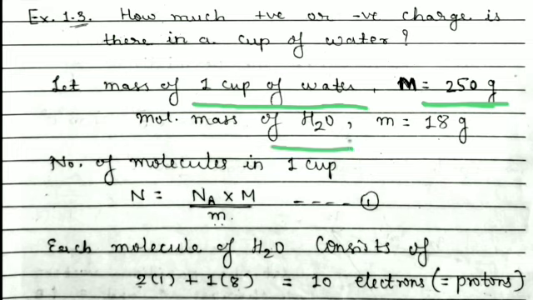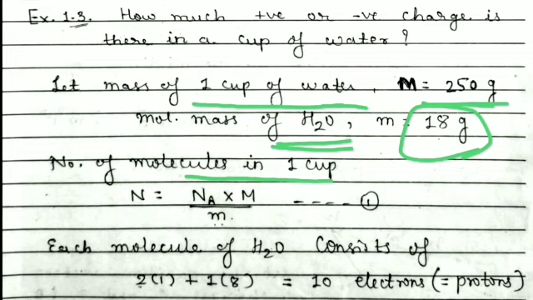We know that the molecular mass of H2O is 18 gram. So now first of all we will find the number of H2O molecules in one cup of water.